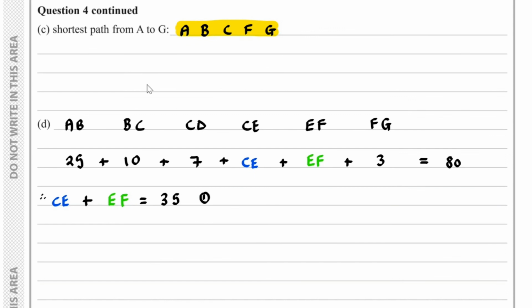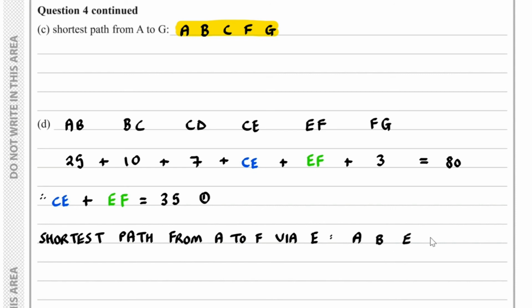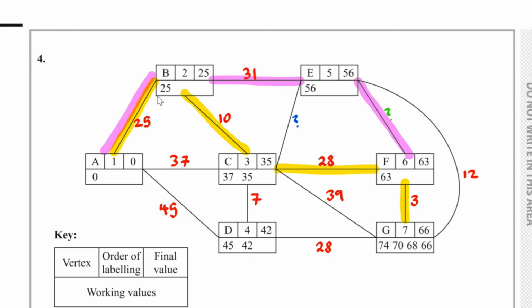So the next thing we can say is the shortest path from A to F via E, we're going to have A, B, E, F. So that's how we get that path, we've just discussed it. So A to B, and then B to E, that's going to be 56.